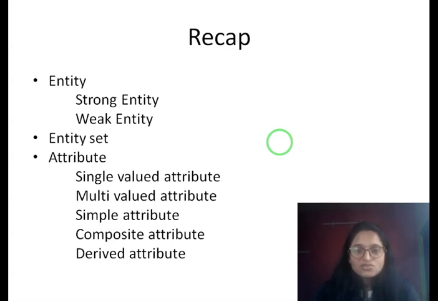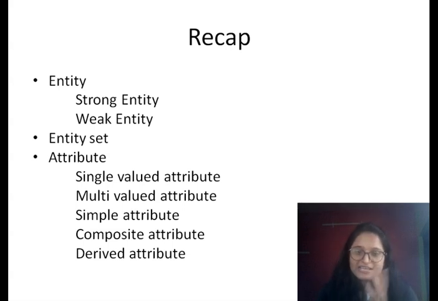Entity. So dear student, an entity means a real world thing or object. There are two types of entity, strong entity and weak entity. A strong entity has its own key element, but a weak entity does not have its own key element.